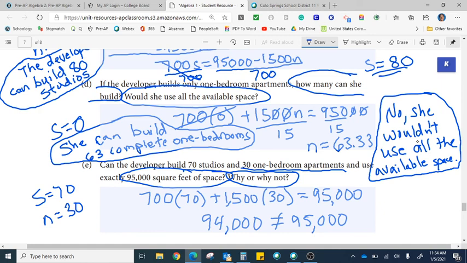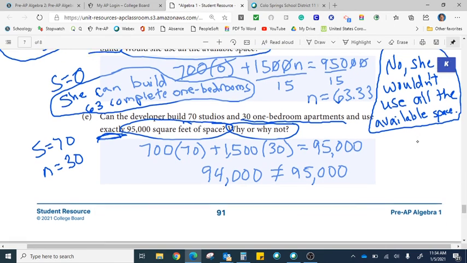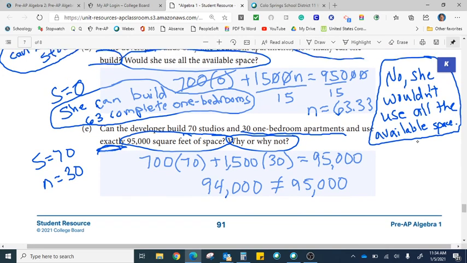All right. So the question is, can the developer build 70 studios and 30 one-bedroom apartments and use exactly 95,000? So the answer to this question, so no, she cannot use exactly, because that's what they're talking about.